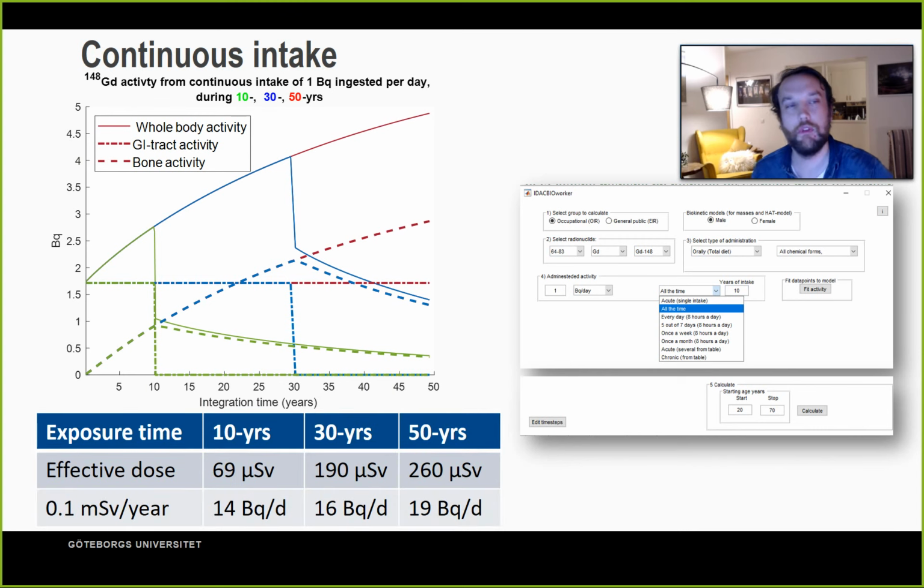So if you convert this to an annual restriction of 0.1 millisievert per year, you can calculate the limit of ingestion intake per day. For 10 years it will be 14 becquerels per day. For 30 years of intake it will be 16 becquerel, and for 50 it will be 19 becquerel. So this is a way to show how you can use continuous uptake, and you can also modify the uptake scenarios if that's suitable.